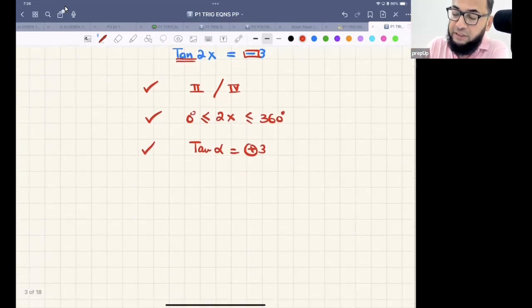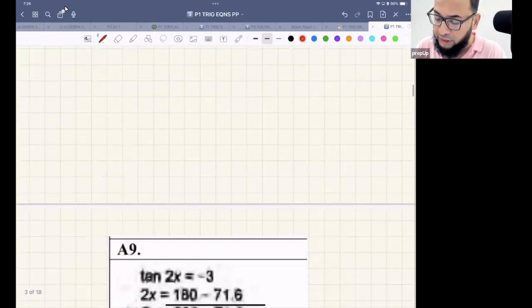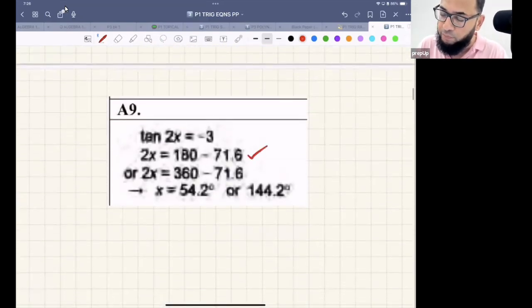We always calculate the basic angle with a positive ratio. Tangent alpha is positive 3, therefore alpha is tan inverse of 3. For those good with the calculator, just work it out. This comes out to be 71.57 degrees.